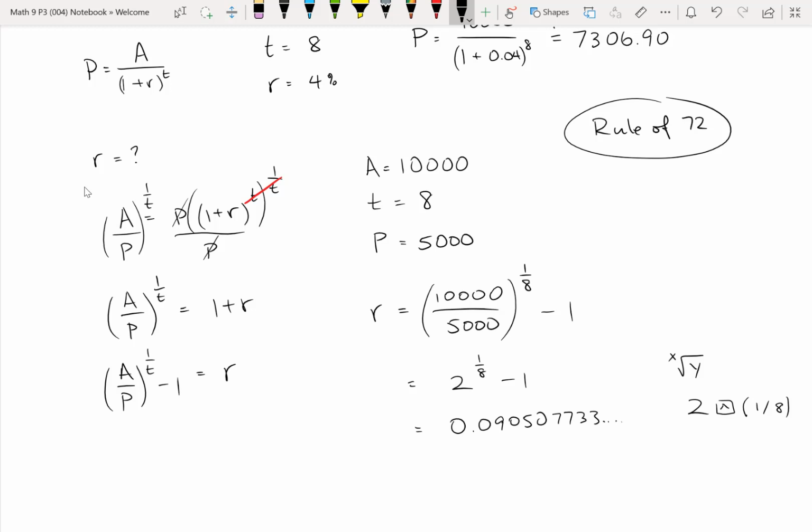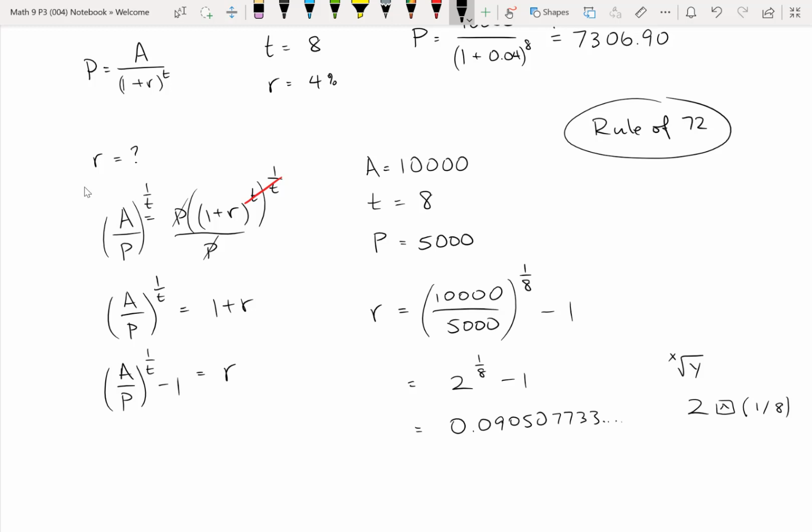And unlike money, where it makes sense to round to 2 decimal places, which represents the nearest penny, there are no hard and fast rules about how many decimal places you should round interest rates to. So if you turn this into a percent, it'd be 9.0507733%. It's reasonable to round that to 2 decimal places, but I definitely wouldn't round the initial decimal to 2 decimal places.